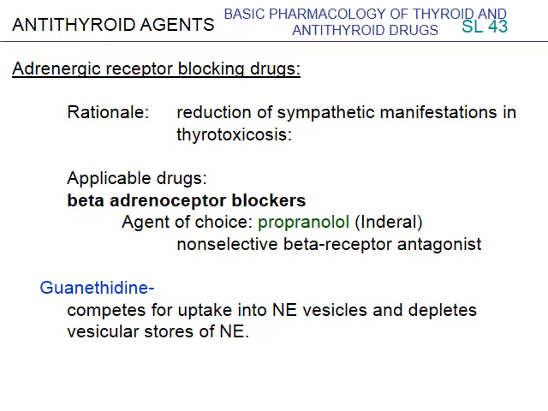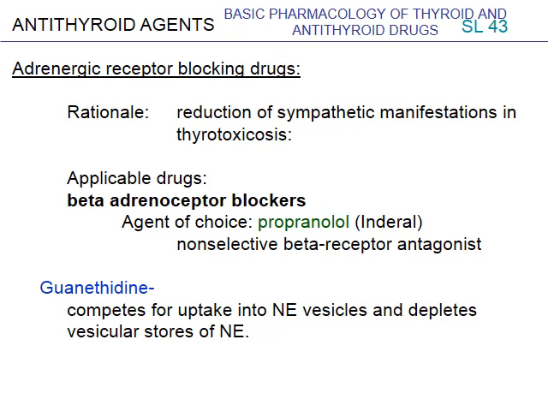Now, the adrenergic receptor blocking drugs can be used as antithyroid agents with the rationale that they will reduce the sympathetic manifestations of thyrotoxicosis. Usually we're going to be talking about the beta blockers, and the agent of choice is propranolol. This is a non-selective beta blocker, although there are others.